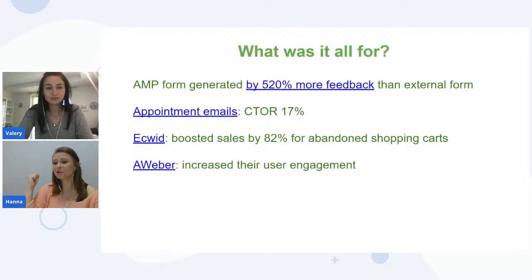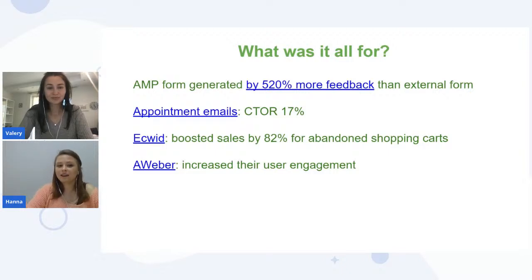So what was it all for? We went through this way, solved all the issues that we have, and finally figured out that there are so many ways to use AMP. What was it for? We have personal statistics and statistics from other companies that use AMP.